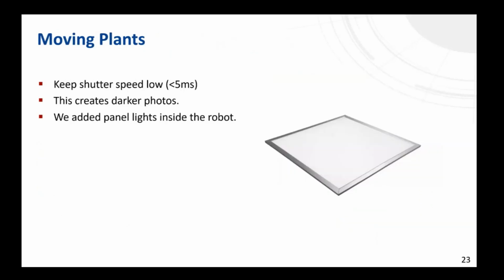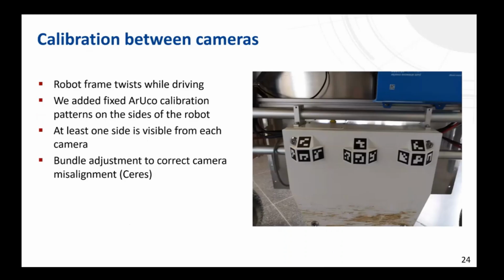We also added some lighting inside the robot. So we try to exclude the sunlight, because we cannot control it, but we add some extra lighting so that we have more controlled conditions inside this measuring volume.